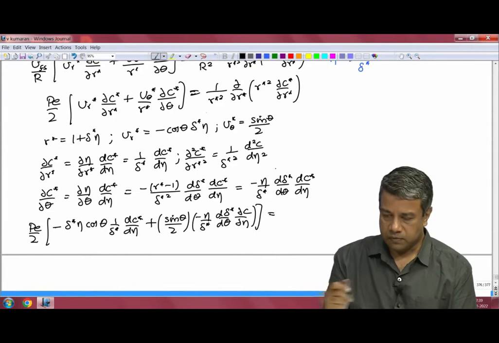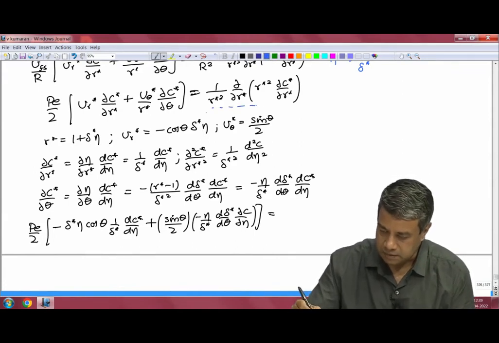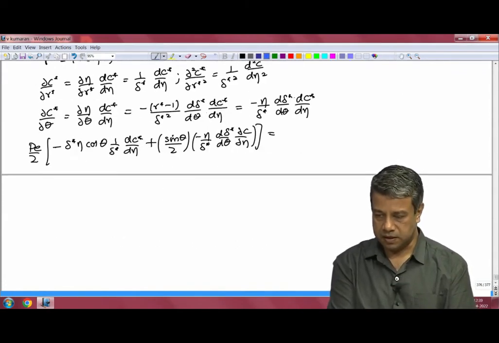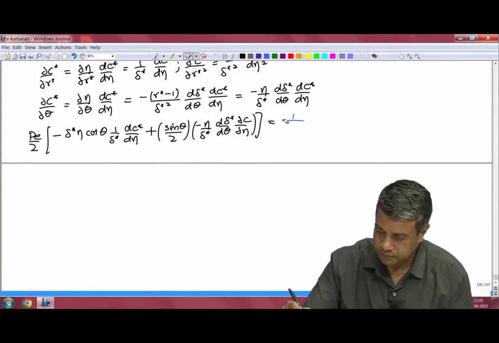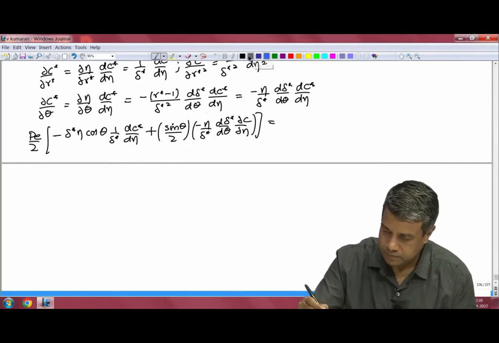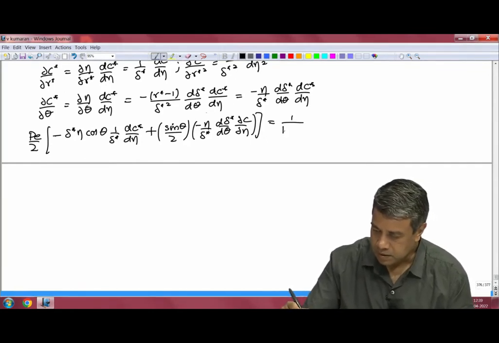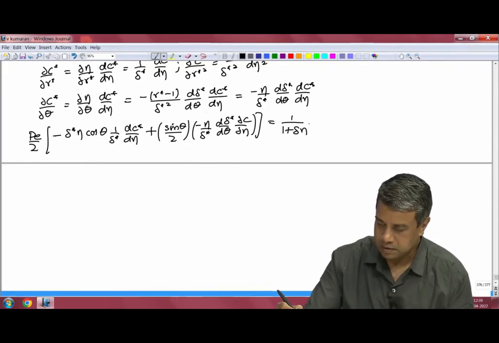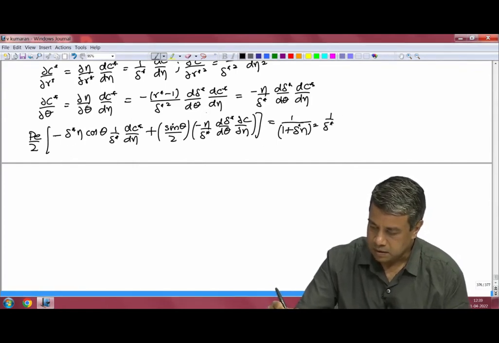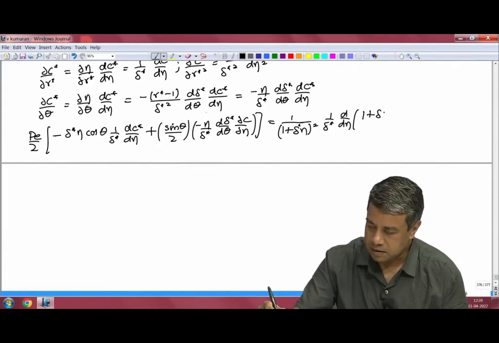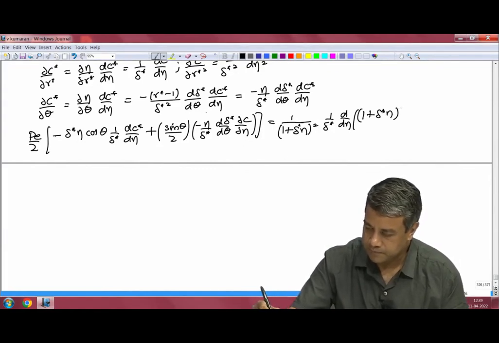On the right side I have 1 by r square d by dr of r square dc by dr. So, 1 by r square, 1 by one plus delta eta, the whole square, 1 by delta d by d eta, 1 plus delta eta the whole square dc by d eta.